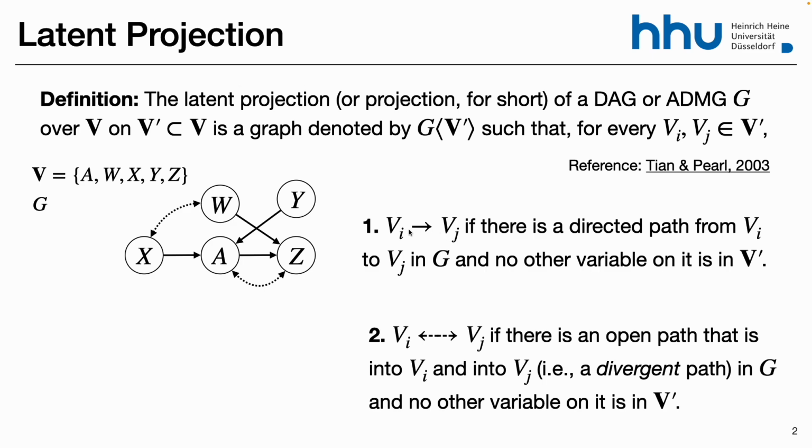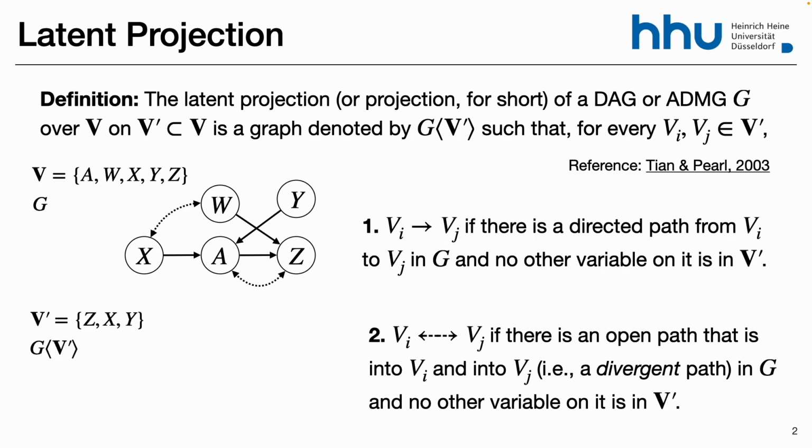Suppose that is a path from Vi to Vj in the original graph G. And if there is no other variable in this path that's in V prime, then we will have to add the edge Vi Vj to the subgraph over V prime.